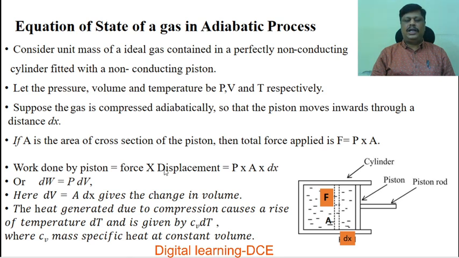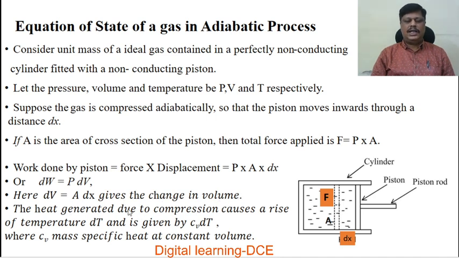Substituting for the force, force is equal to pressure into area and the displacement is dx here. But A into dx gives the change in volume of the gas when the piston is moved from this position to this position. So A into dx gives dV. Therefore, work done by the piston is given by dW is equal to P into A dx, which is P dV. Here dV is equal to A into dx, the change in volume.